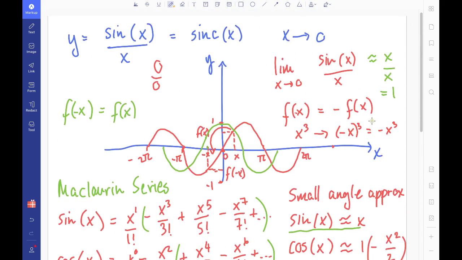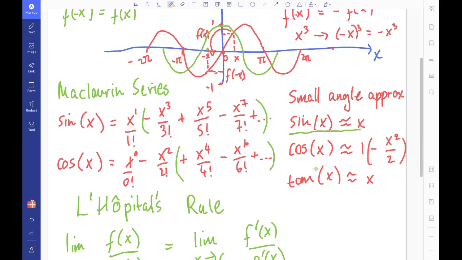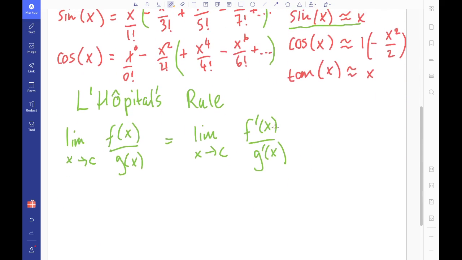We found the answer just by thinking about the Maclaurin series and the small angle approximation, but you could use L'Hôpital's Rule. So how would that work in this case? Well, in our case, f of x is sine x, and g of x is x. So if we want to find the limit as this approaches 0, we differentiate both of those functions.